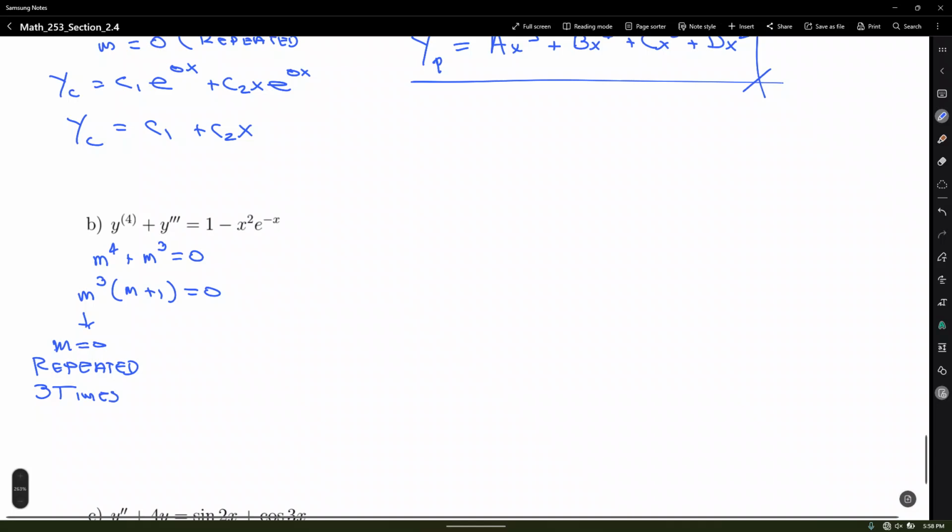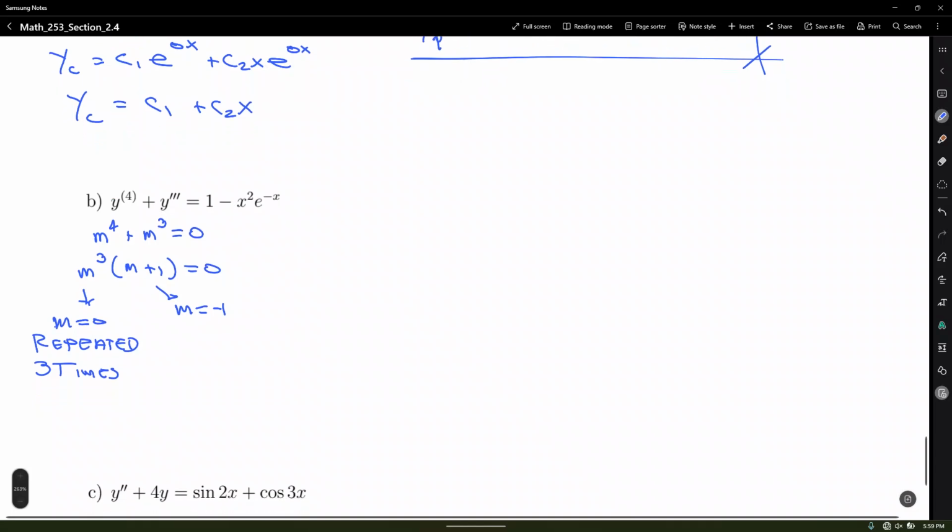Or you can also say that m equals 0 is a 0 of order 3. That comes from college algebra or pre-calculus when you discuss all that theory about polynomials, the rational root theorem and all that. And this is m equals negative 1. All right? So here we go.